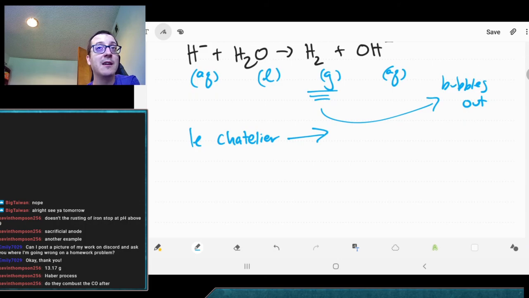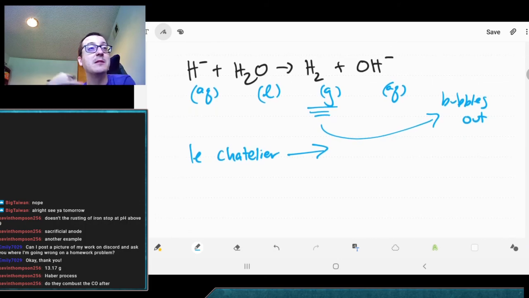So it's a very, very efficient base because it forms a gaseous product that just bubbles out of solution. Out it goes. As a result, equilibrium is pushed to the right. You force this reaction to go. It's also extremely exothermic, so it's a very favorable reaction. So hydride is a crazy little, tiny super base.